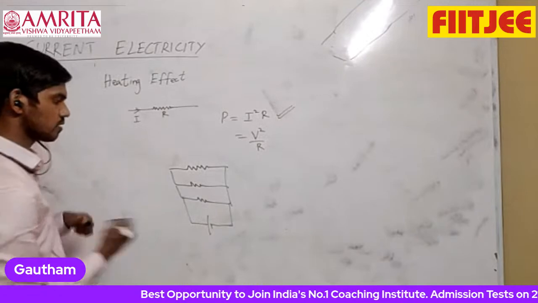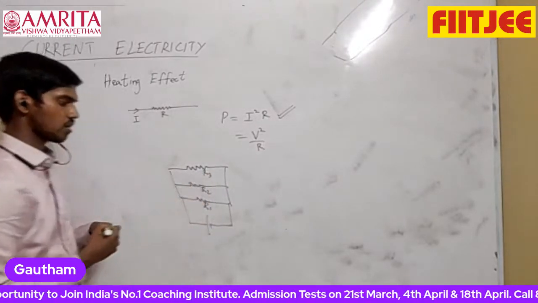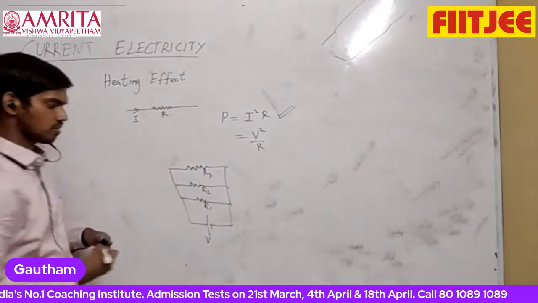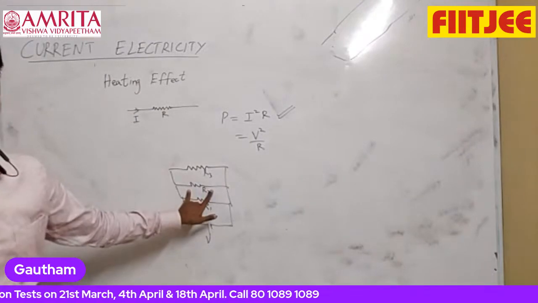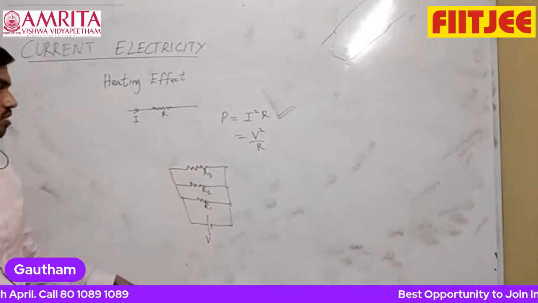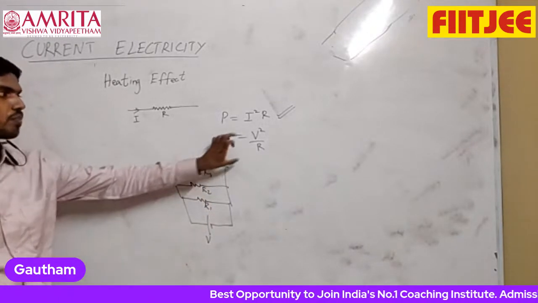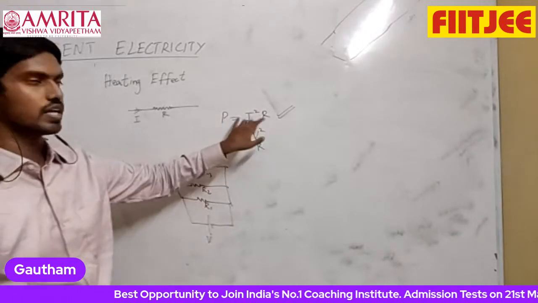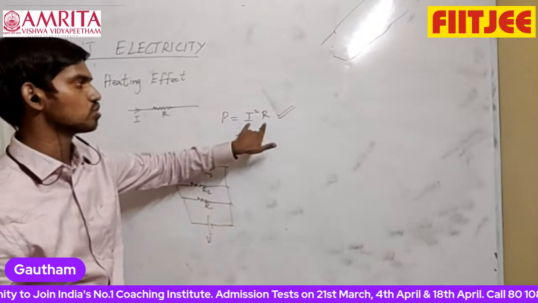So V square by R1 is power dissipated here, V square by R2 is power dissipated here, V square by R3 is power dissipated. So total power dissipated means V square by R1 plus V square by R2 plus V square by R3. Only for parallel combination use this. Everywhere else, any circuit, series or series-parallel combinations, always go with I square R.